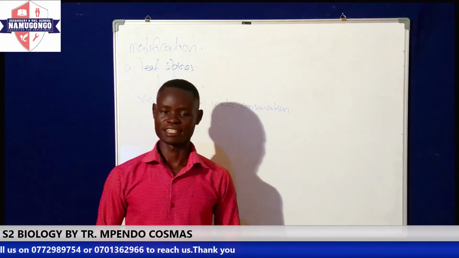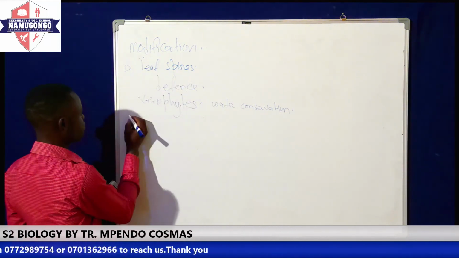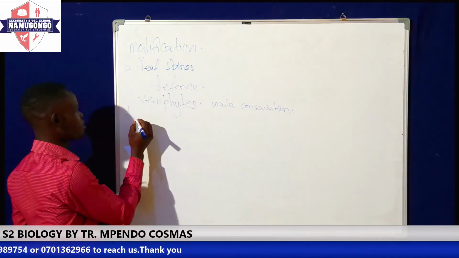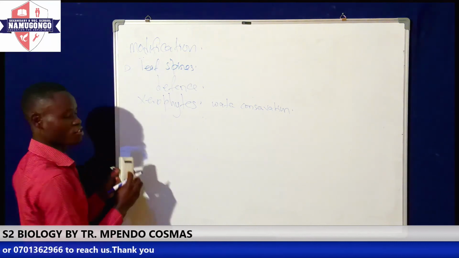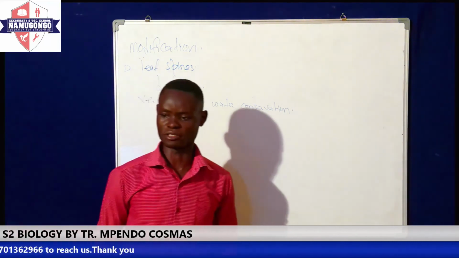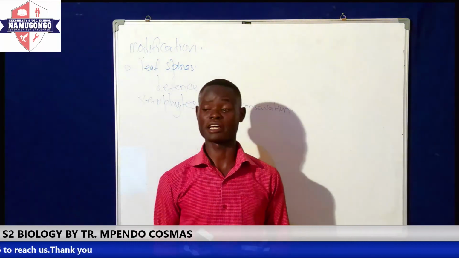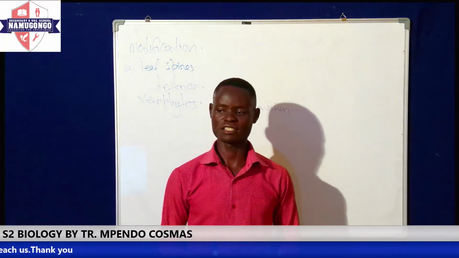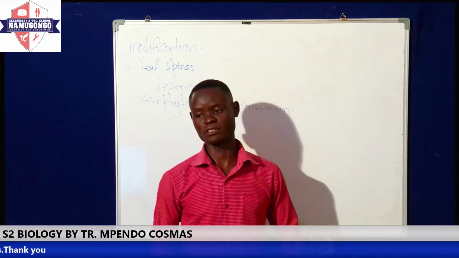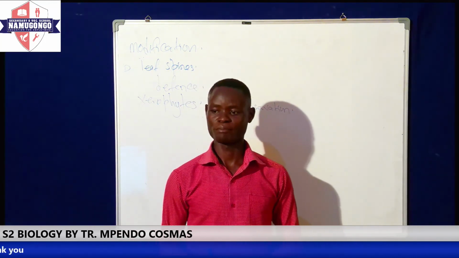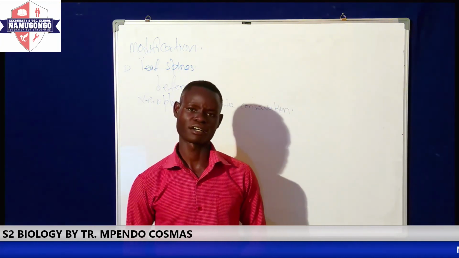And then the next modification is the leaf tendrils. Leaf tendrils are slender, wire-like coiled structures. They are normally found amongst the climbing plants, or climbers. And what are they doing there?